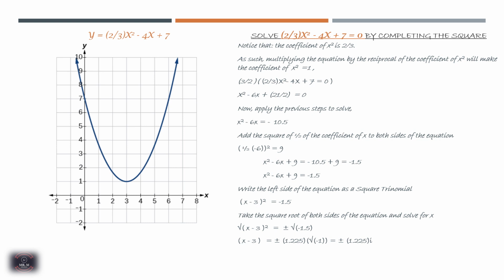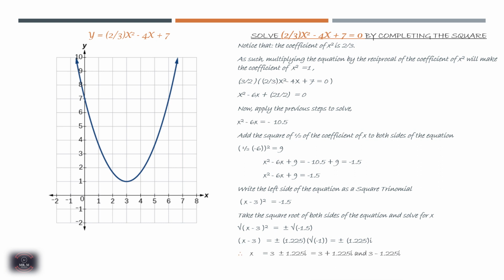Since the square root of a negative number is a complex number, plus or minus the root of negative 1.5 will equal plus or minus the root of 1.5 multiplied by the square root of negative 1, which is in fact equal to plus or minus 1.225i, where i represents the root of negative 1 and 1.225 is the square root of 1.5.